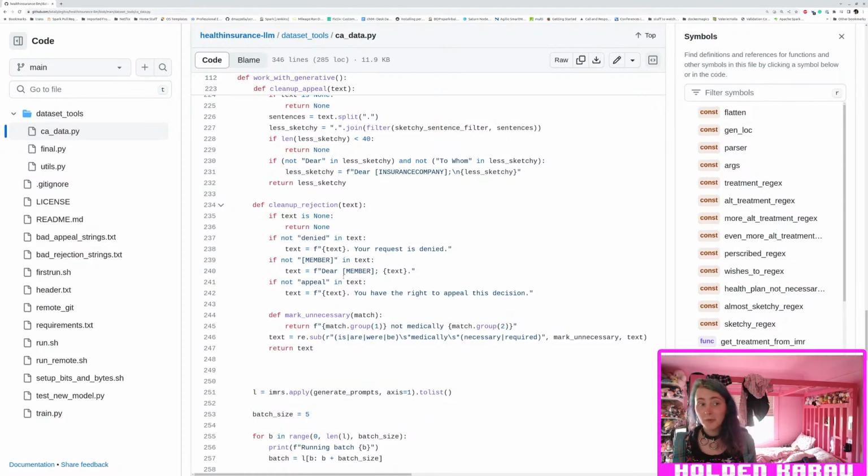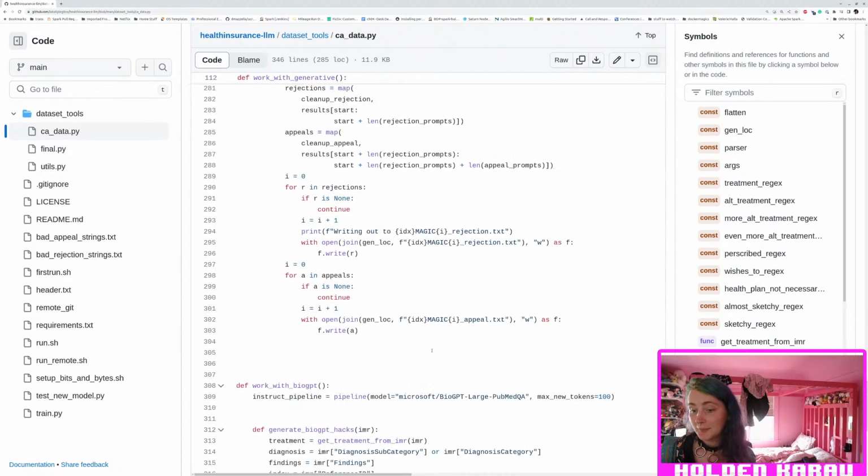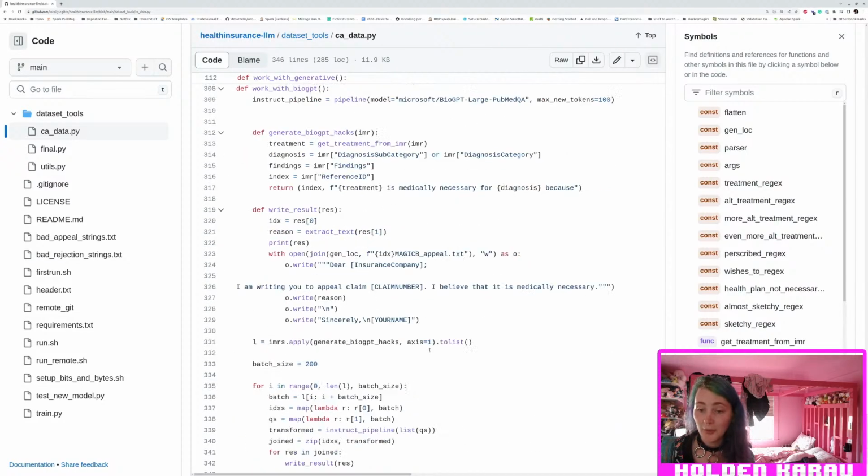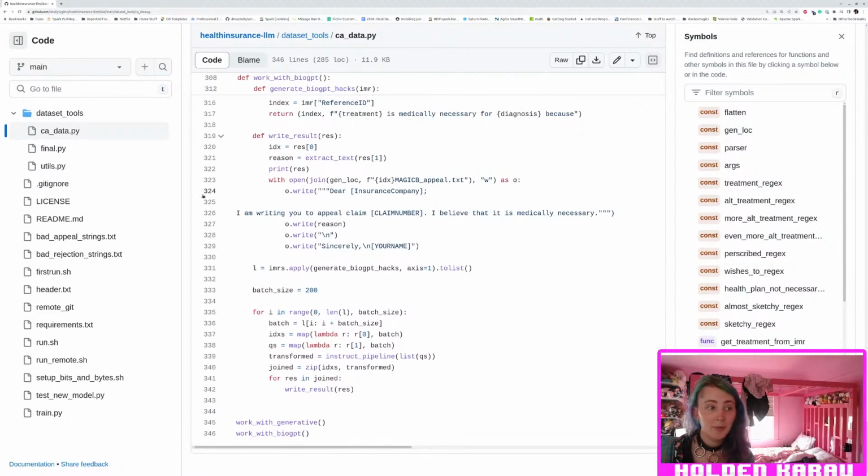Sometimes it refuses to generate denials because it seems so unlikely to it that a health insurance company would deny it, so the language model just refuses to do that, which I think is telling. Health insurance companies are more evil than even a model that we ask to behave like a health insurance company. And so that's kind of cool. We use this and we get a fair amount of synthetic data.